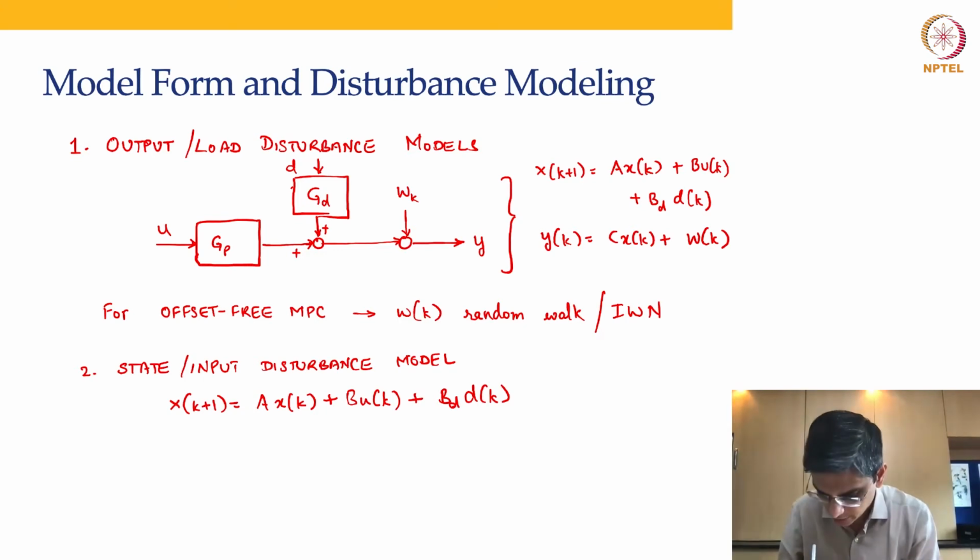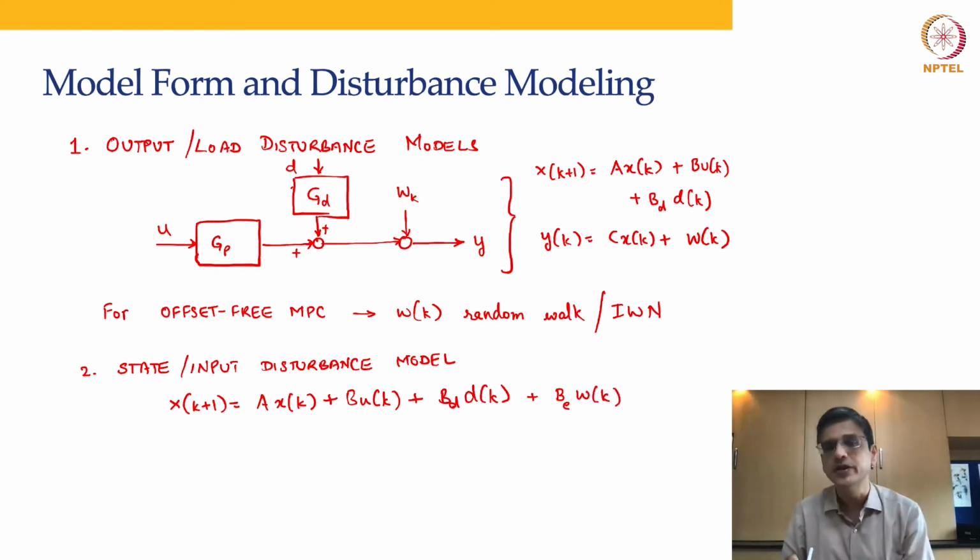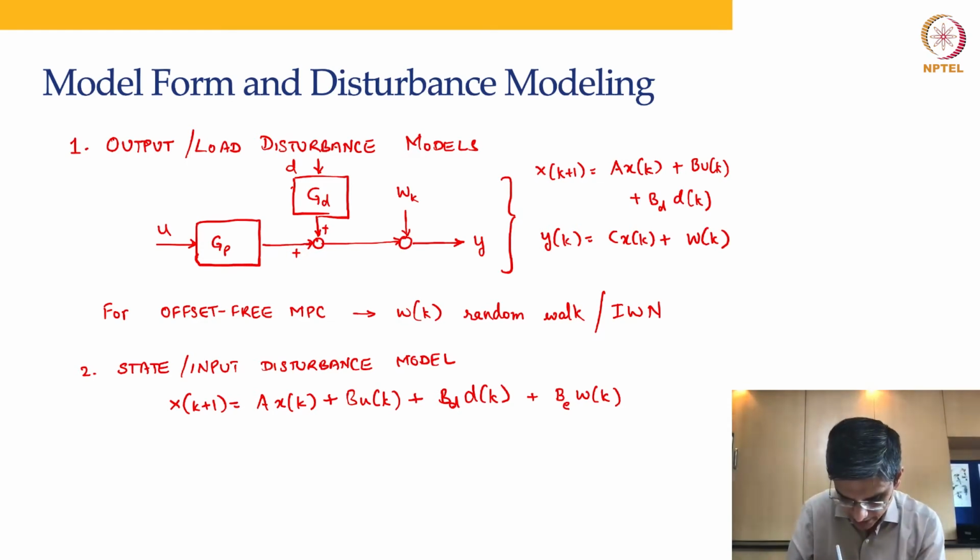Now, what do we add over here? We would add B_E w_k. Okay, and this is an additive noise that adds to the state. Okay, and then you have y_k equal to C x_k.